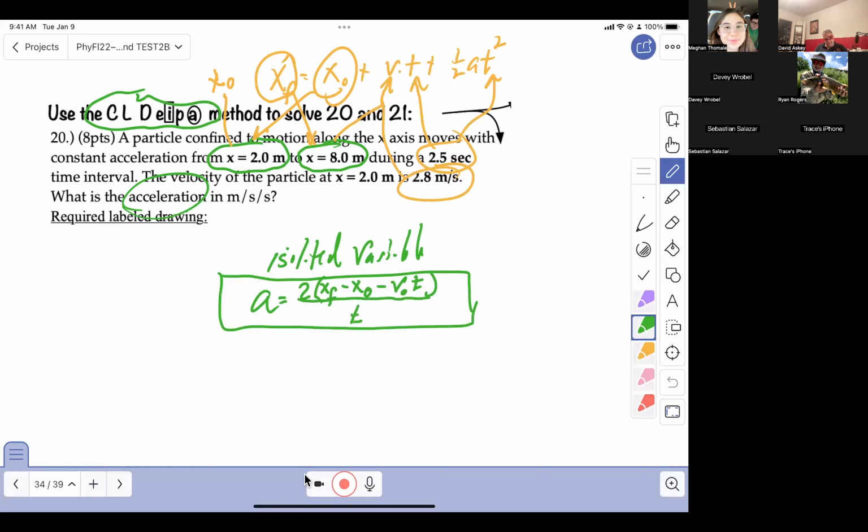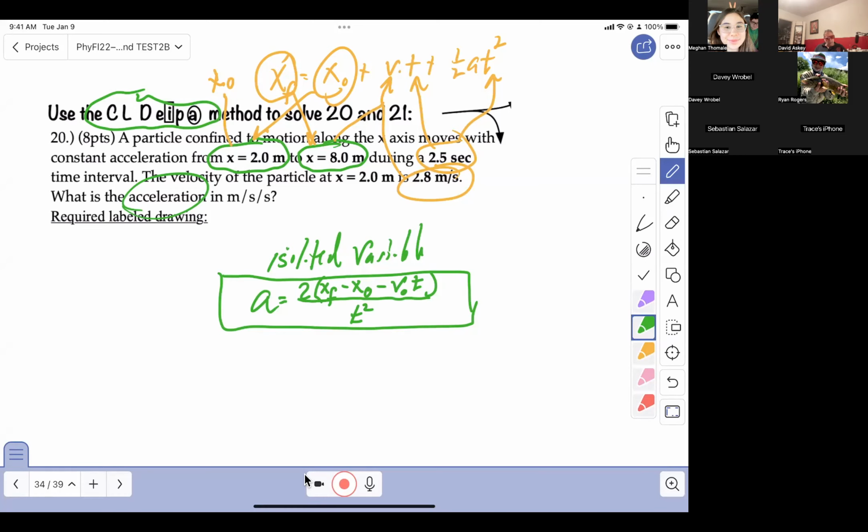So I divide that by T squared. Unless I messed up, yeah, that's right. That would be my isolated variable box. That would go in the box.